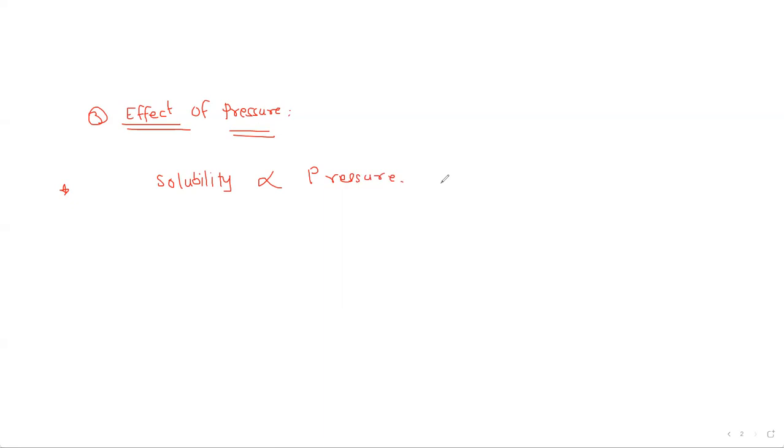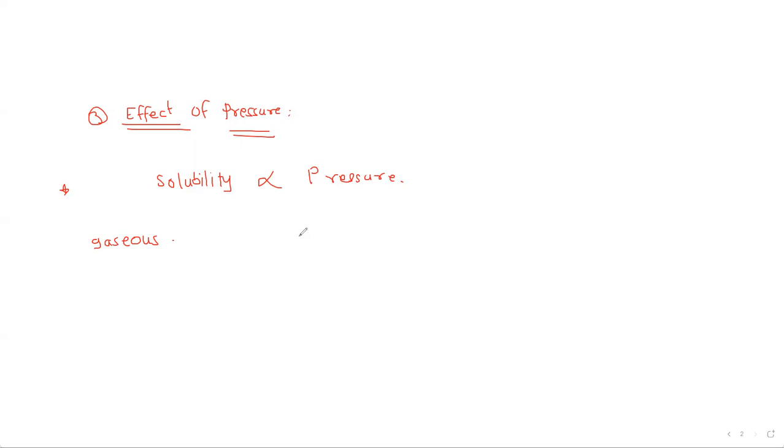Now this factor is important for gaseous substances. Why is it so? Because pressure has no effect on solubilities of solids and liquids, as they are incompressible. As we already know, solids and liquids are incompressible, or we can say they are very, very less compressible.